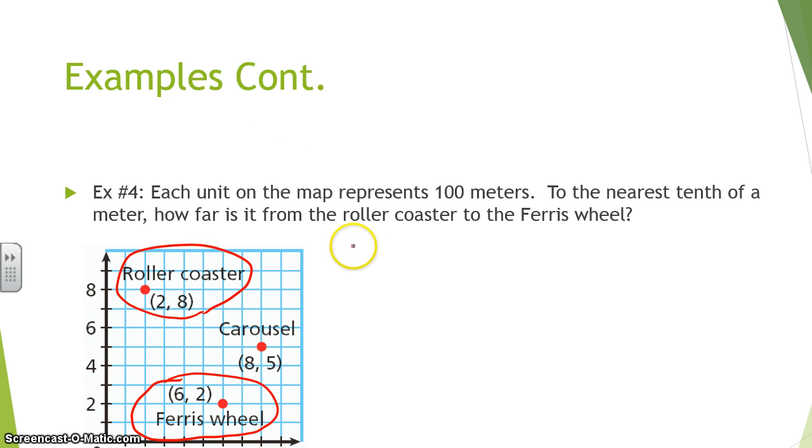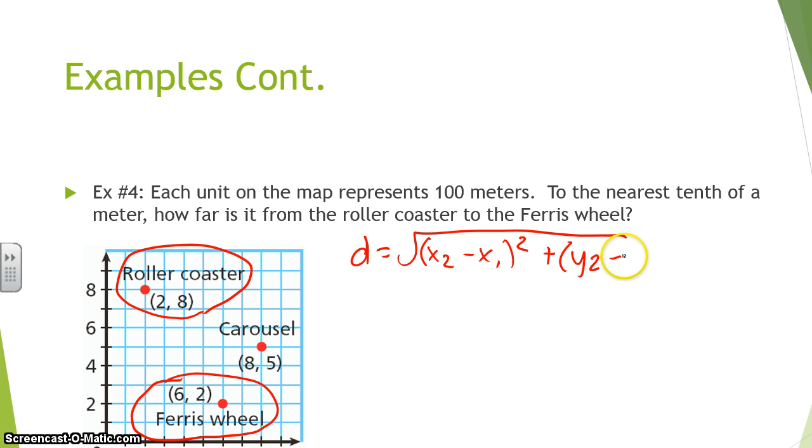So let's think of our distance formula. d equals the square root of x2 minus x1 squared plus y2 minus y1 squared. We can label the roller coaster and the Ferris wheel.